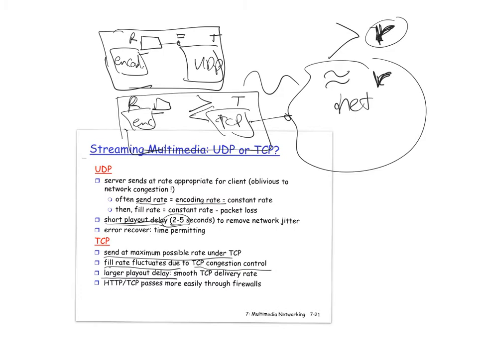So in that case, we need a large play-out delay and typically a longer buffer size to smooth out the variation in jitter for TCP.